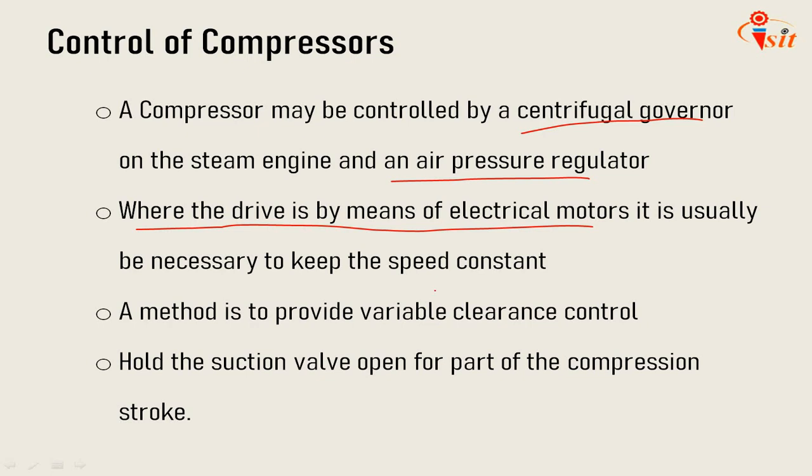Next one is, with mechanically operated valves, it is usual to hold the suction valve open for part of the compression stroke. So this is another way to control the compressors. In many cases, a combination of these control methods may actually be used. So a combination we can also use.